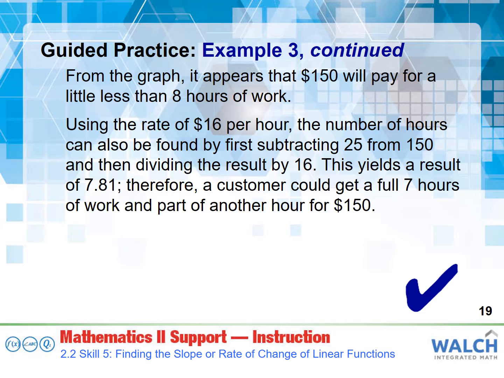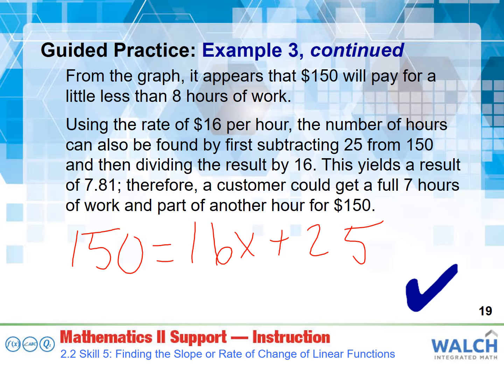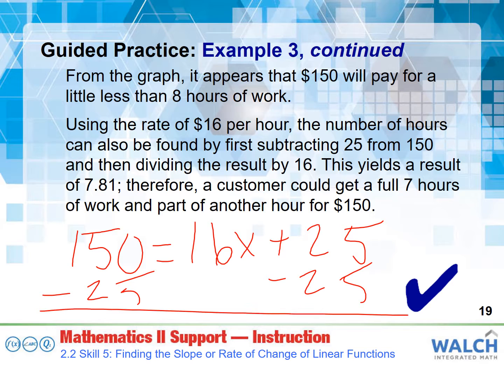And so using the rate of $16 per hour, the number of hours can also be found by plugging it into the formula. So we could do 150 equals 16x plus 25. And we can solve for x by subtracting 25 from both sides. That cancels. 16x comes down. And then we subtract, 125 equals 16x.